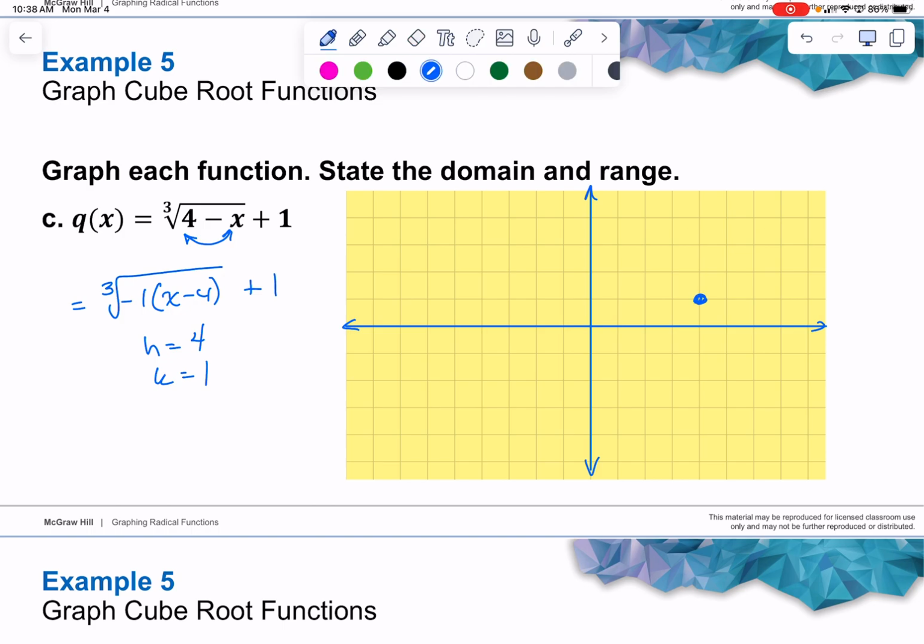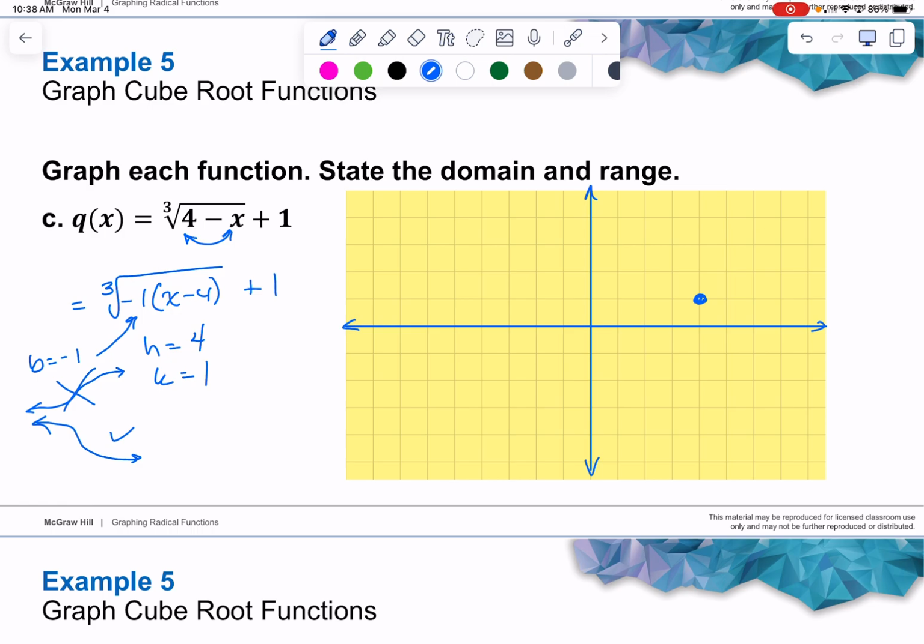Now, this -1 is a b value of -1, right? Which is going to flip it side to side. So instead of looking like this, it's going to look like this, right? So not that, it's going to be this one. Flipping it side to side has the exact same effect in this case as flipping it top to bottom because it's an odd function.